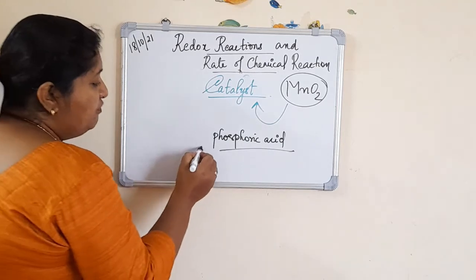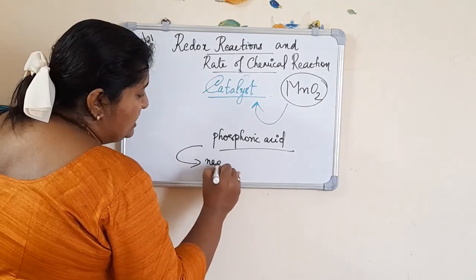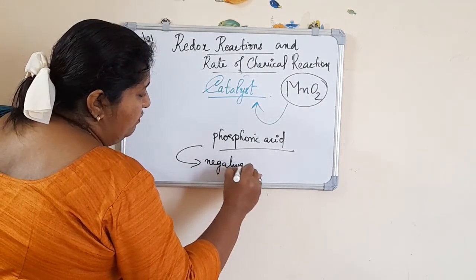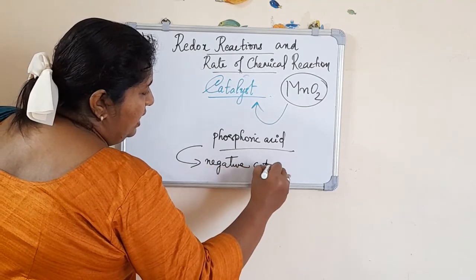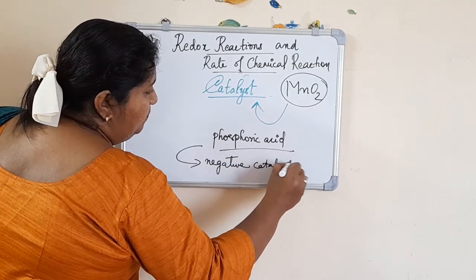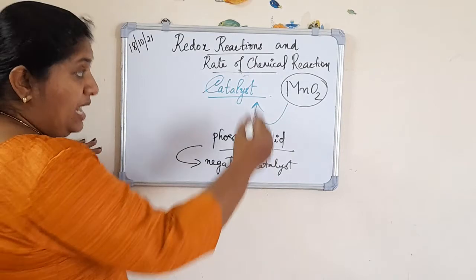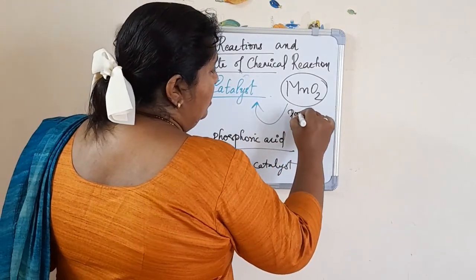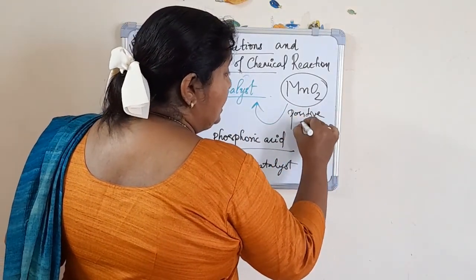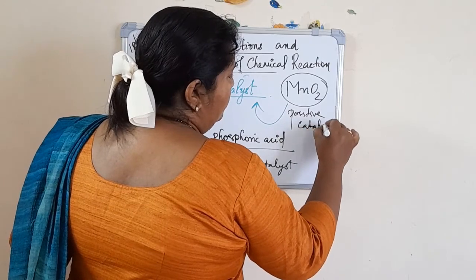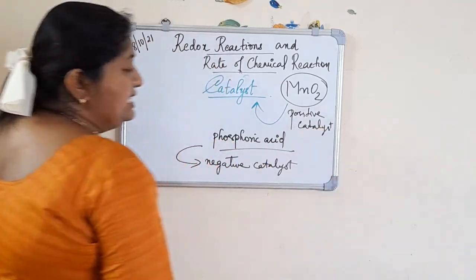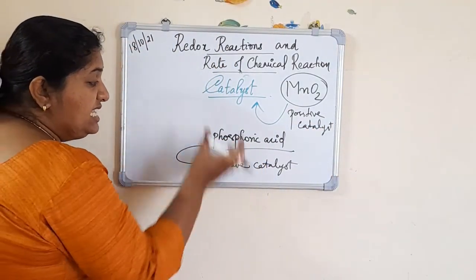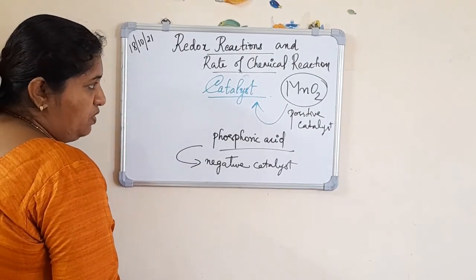Here, phosphoric acid is acting as a negative catalyst, whereas manganese dioxide is a positive catalyst because it is increasing the speed of the reaction, and here it is reducing the decomposition process.